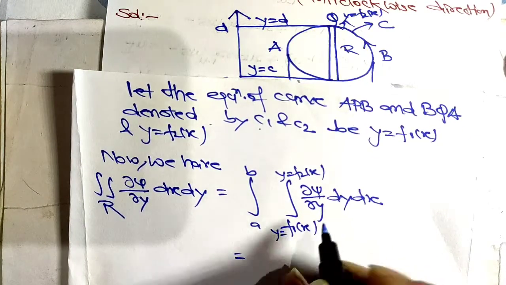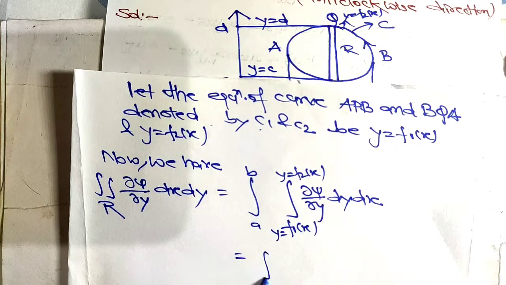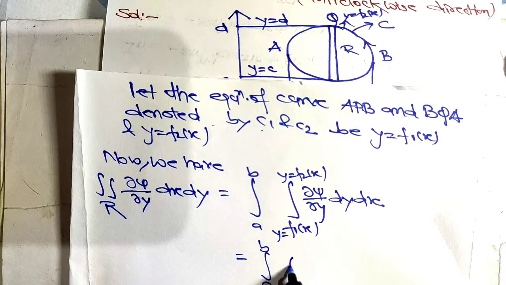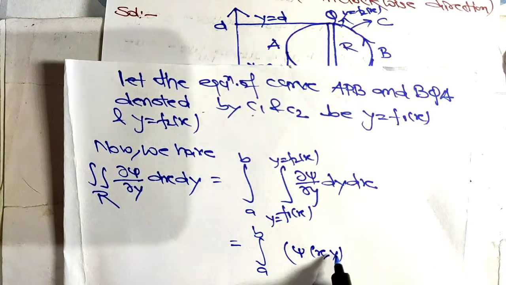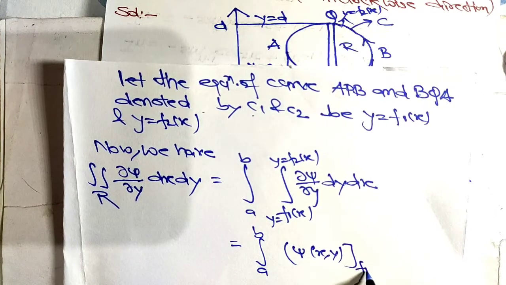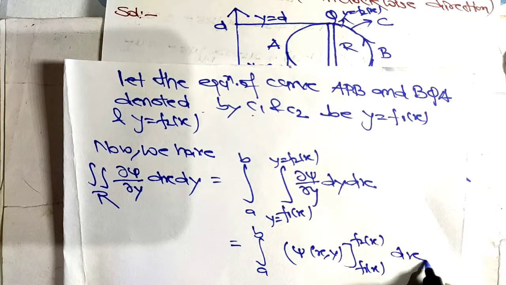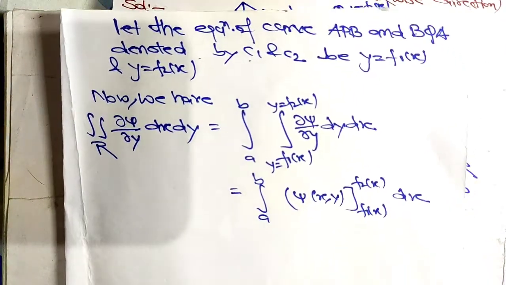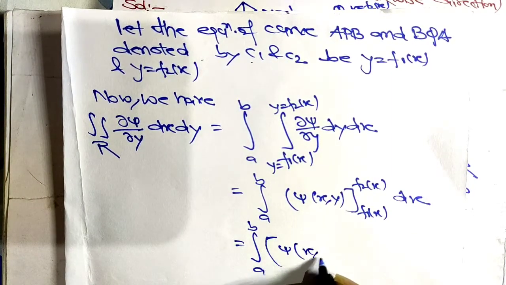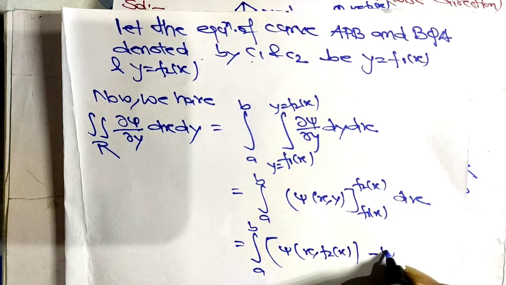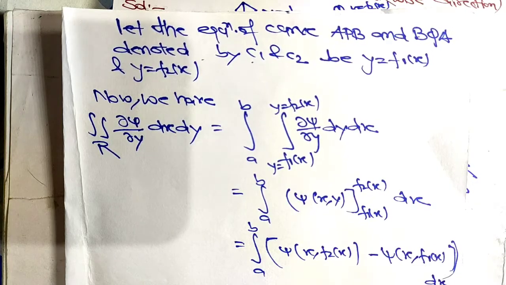Now we are applying integration over the partial derivative. So it cancels out and it will become psi(x,y), psi is a function of x and y, evaluated from the lower limit f1(x) to the upper limit f2(x), dx. Now we put these limits. We get the integral from a to b of psi(x, f2(x)) minus psi(x, f1(x)) dx.